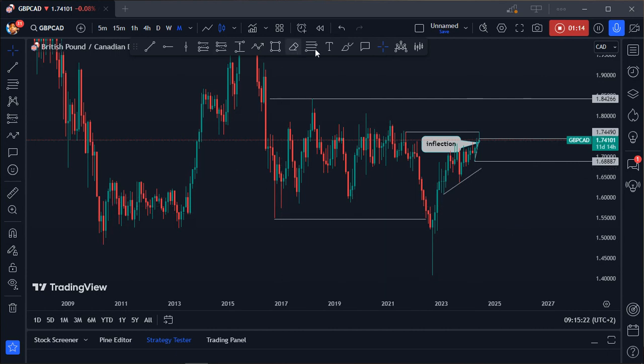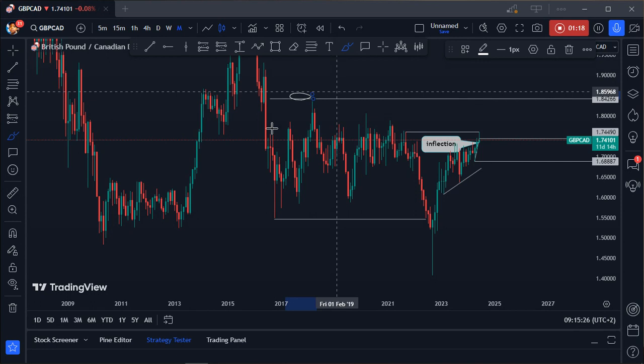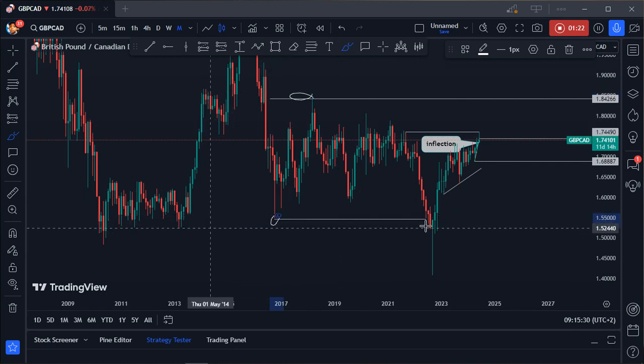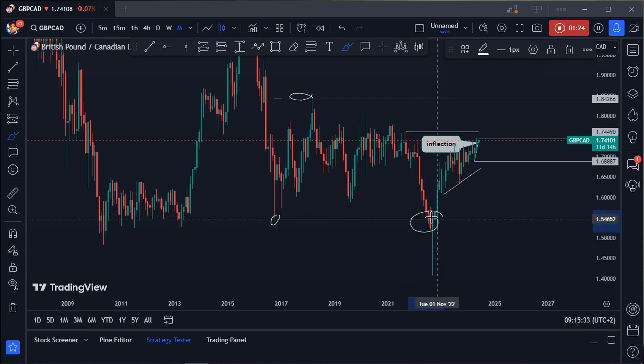This would be our high for the monthly, and this would be our low for the monthly, where we have already taken out all the liquidity that has been accumulated around this area, and price has already moved to the upside, as you can see.